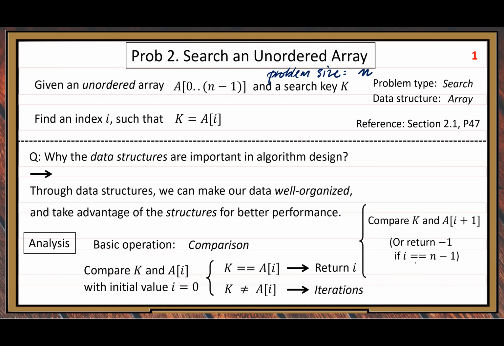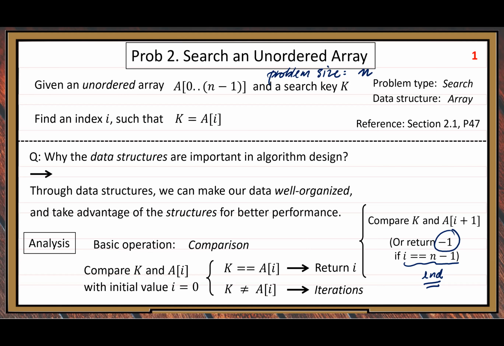If after you compare with the last element you still cannot get a hit, meaning no element equals the given key k, you just return -1 for your function. That's the whole solution.